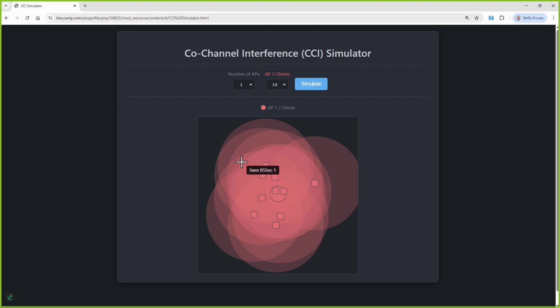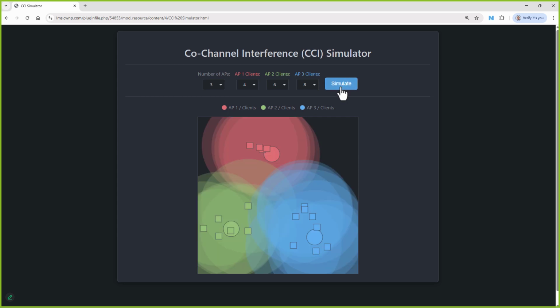Okay? CCI is going to occur with other devices on the same channel from other BSSs. So if I add, let's say, 3 APs, and we'll give AP3 8 clients and AP2 6 clients and AP1, I don't know, maybe 4, and we'll click simulate.